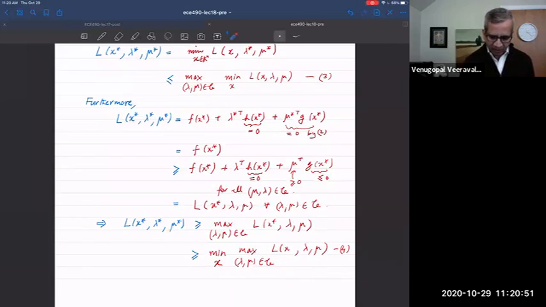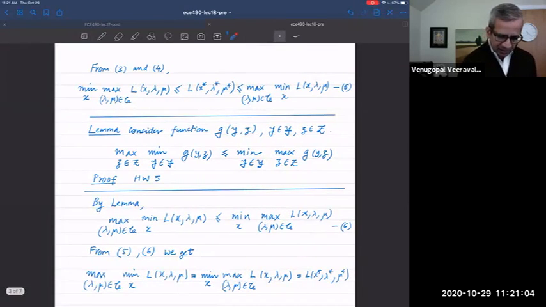So if we combine these two equations, L of x star, lambda star, mu star gets sandwiched in between these two quantities. Let's write that down. L of x star, lambda star, mu star is less than this thing and bigger than this thing we just showed.